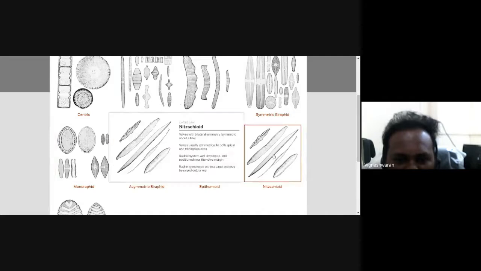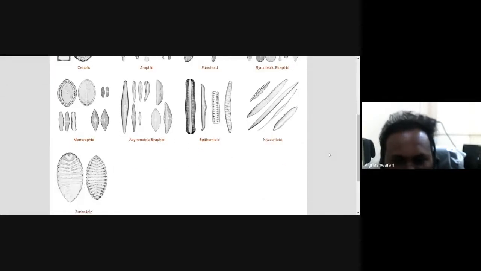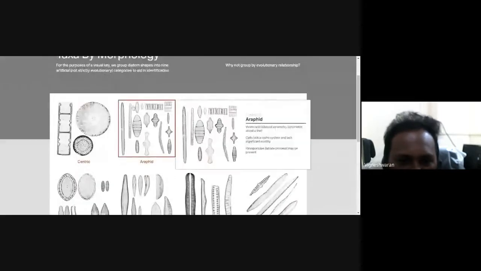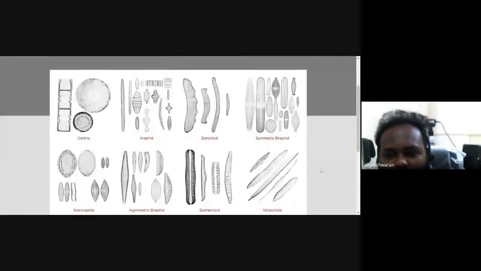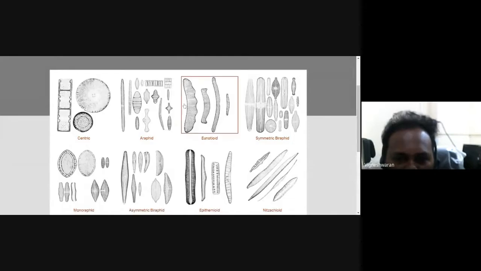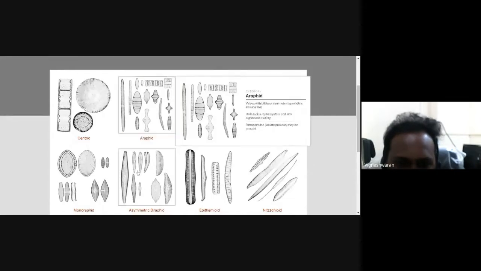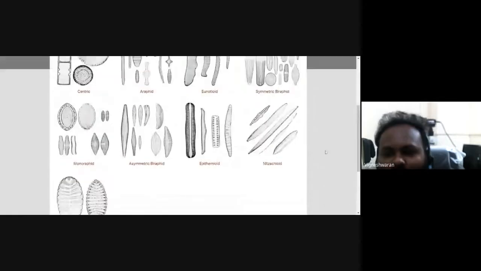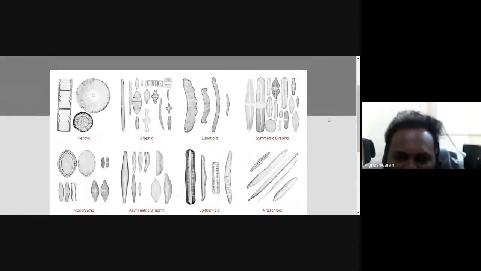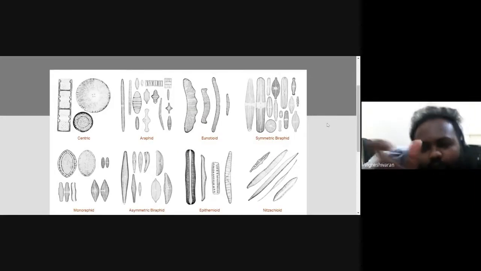There are four, eight, nine classifications, but in a bigger picture, one is pennate, which looks like an elongated structure. Other than centric, they will be somewhat elongated. So this is centric, and the other is pennate diatoms. These are the two major classifications.